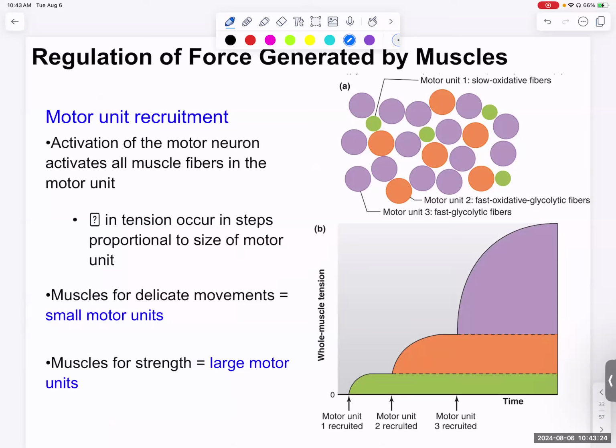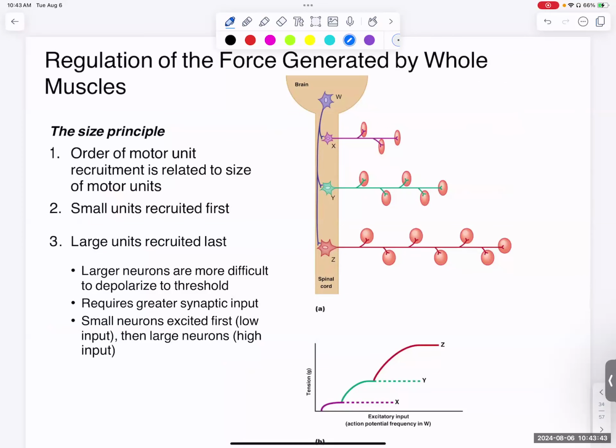Smaller motor units first. And remember, activation of a motor neuron activates all the muscle fibers that are in that motor unit. And so an increase in tension occurs in a stepwise fashion from small to bigger. So small motor units first, intermediate, and then large. Order of motor unit recruitment, again, X is the smallest.